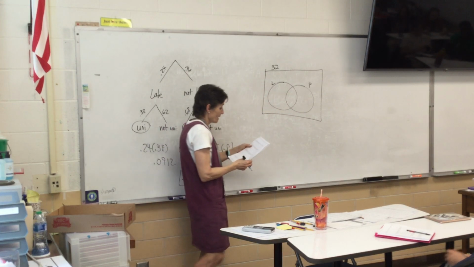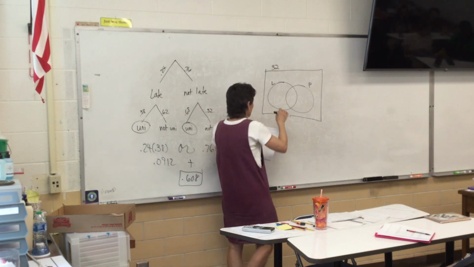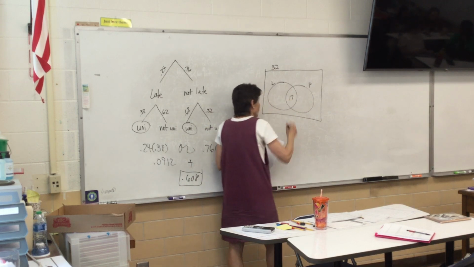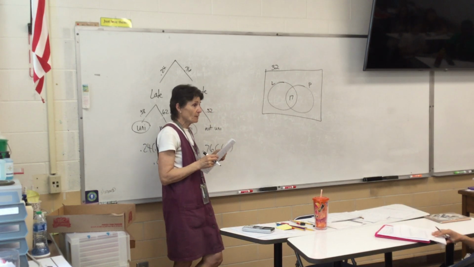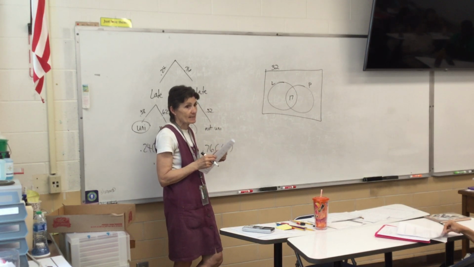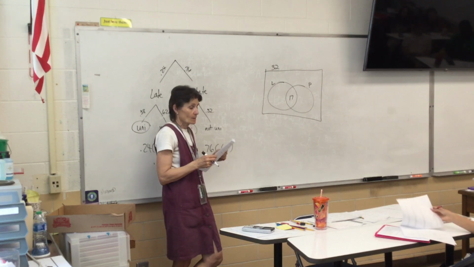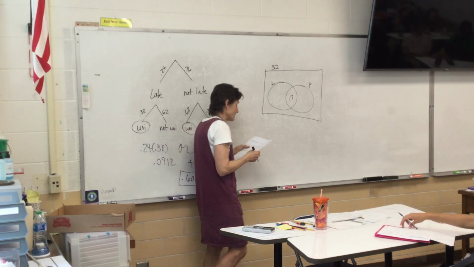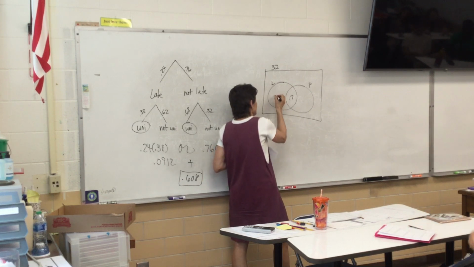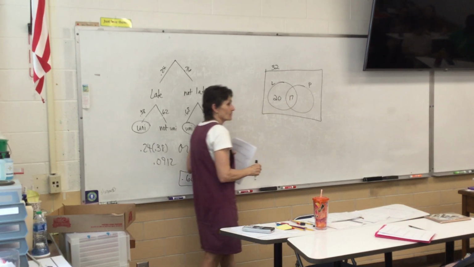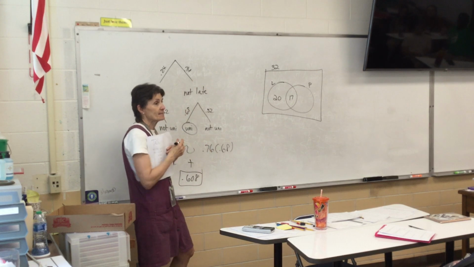All right? 17 of them love both polynomials and logarithms. So does the placement of that 17 make sense to you? 20 love logs. Now, this is wrong, but this is what I saw on your test. What is wrong with that, Izzy?